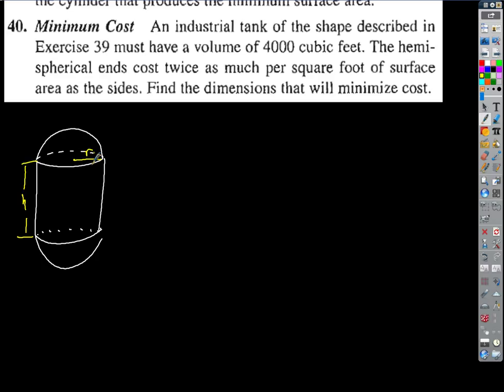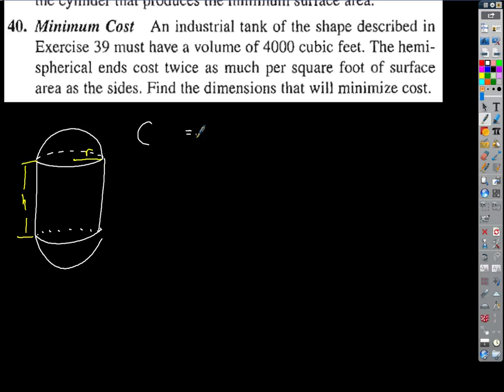Okay, so we're trying to minimize cost, all right? What's the cost going to look like here? So our cost function, this is surface area. Okay, so it's going to be the area of the two hemispheres.